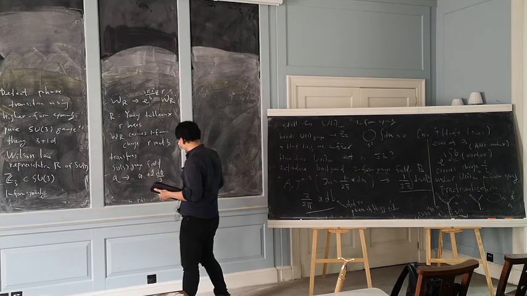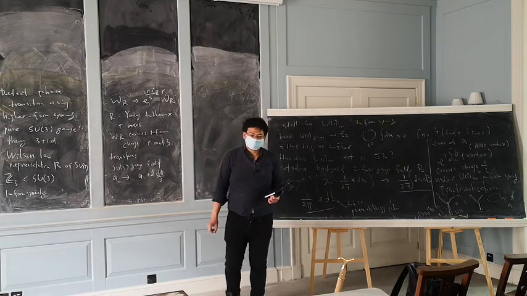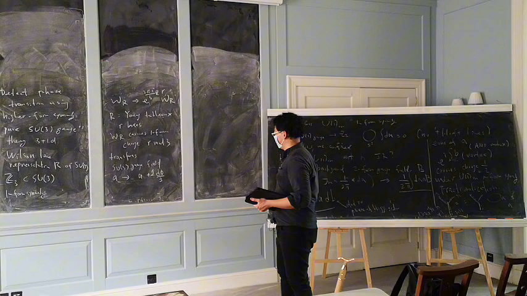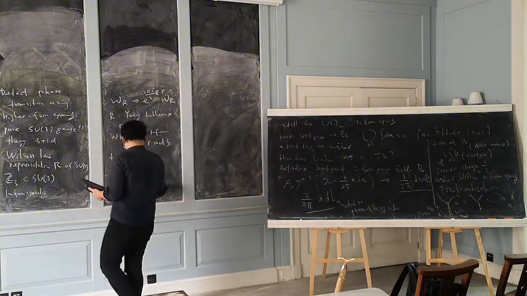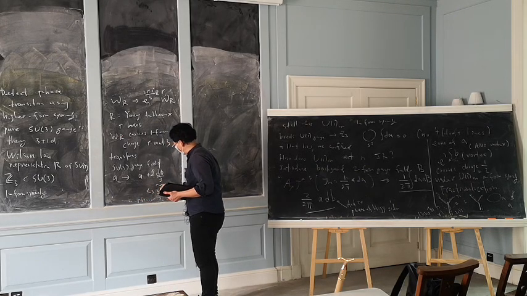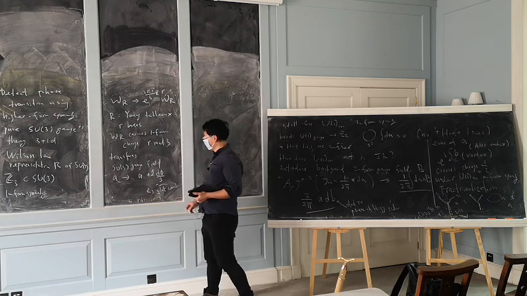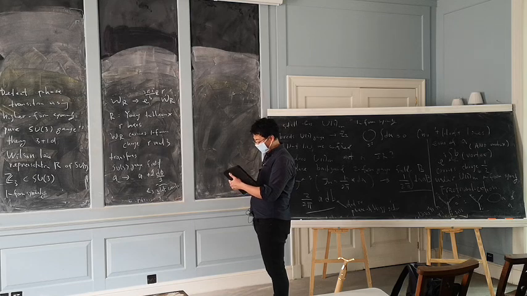So you shift the SU3 gauge field by something proportional to identity, but it is a flat connection. It's a Z3 flat connection. And then you induce the transformation on the Wilson line, as I described before. Okay.